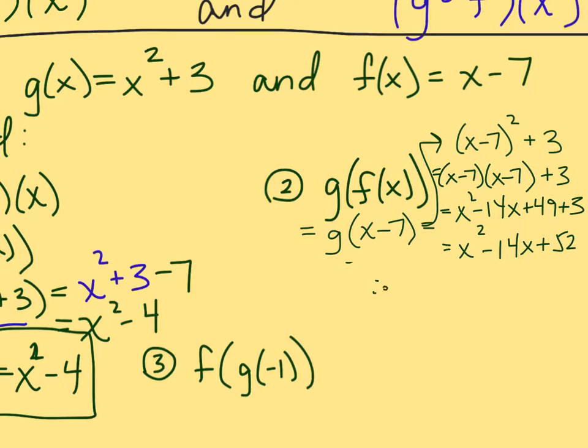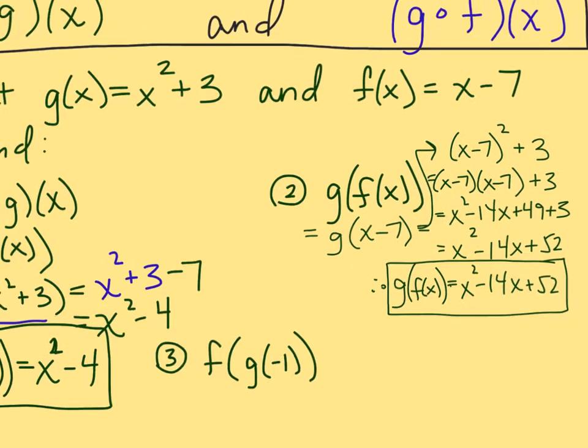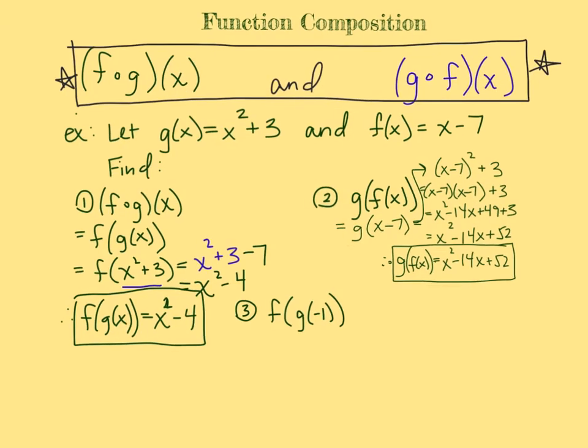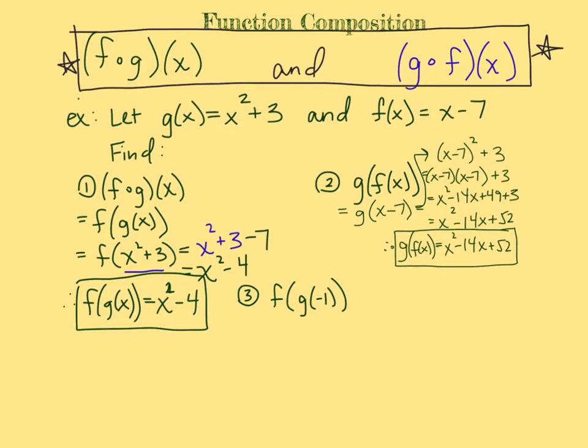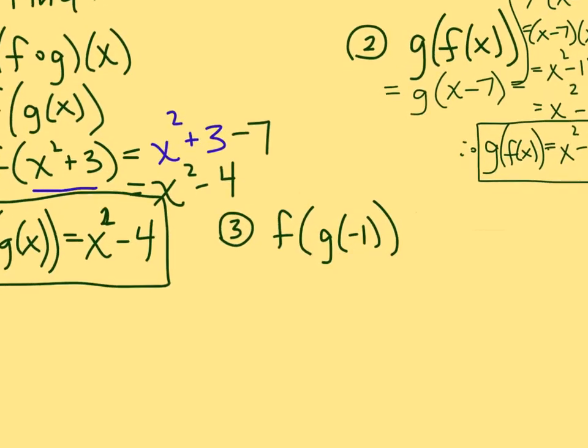So in conclusion, we are left with g of f of x is x squared minus 14x plus 52. So we have composed those two functions and gotten something new, because the order of composition was different. Okay, number 3, the very last one that we're going to take a look at, is we want to find f of g of negative 1.